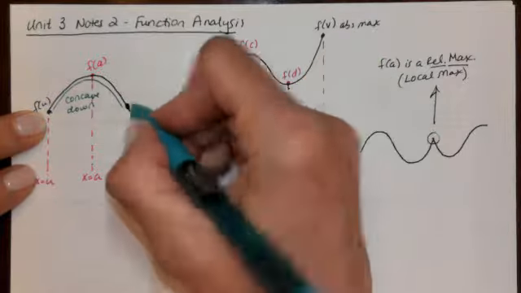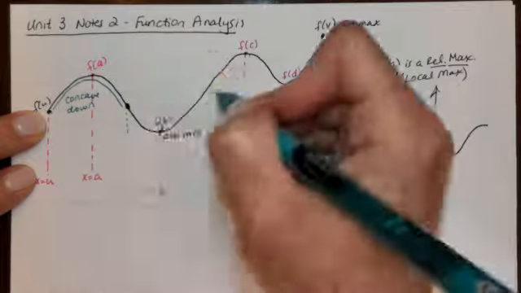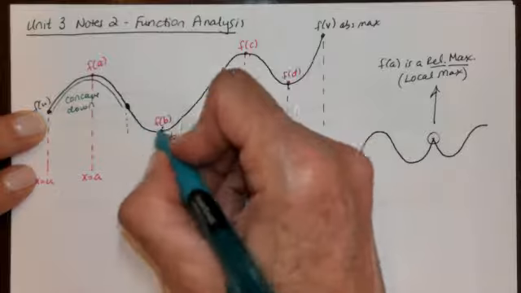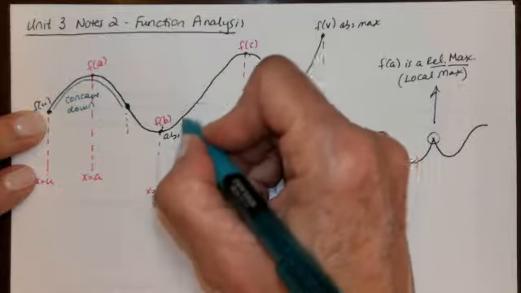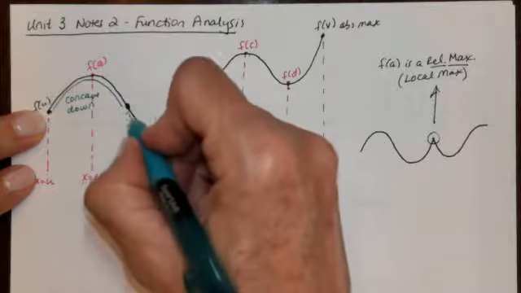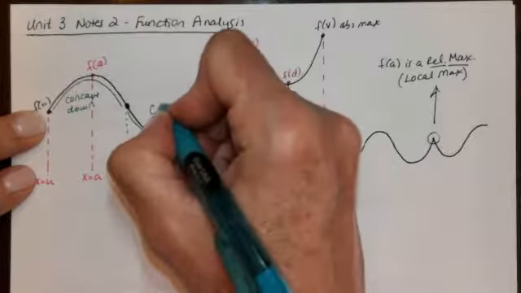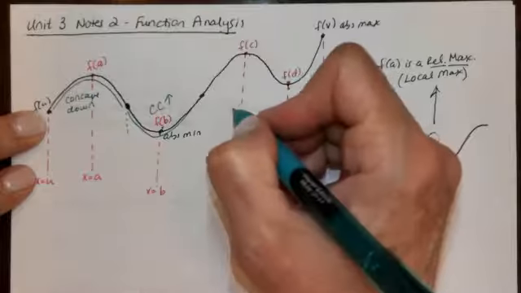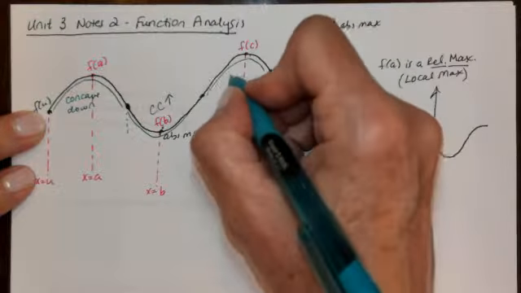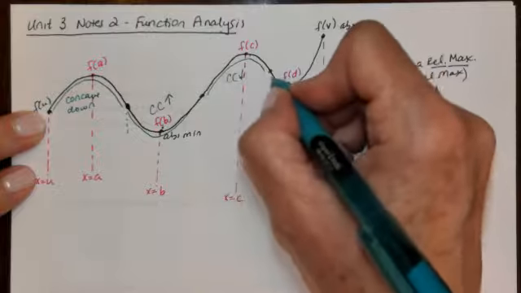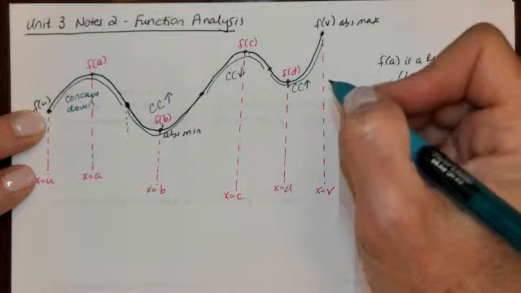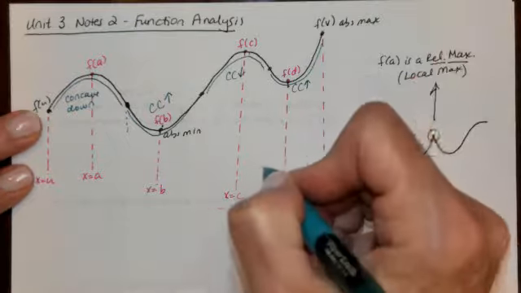And then when we get to around that point, I could label that if I wanted to, whatever that x value is, from here to, and this curve got a little bit funky here, but maybe around there, this stretch of the curve is concave up, okay? And then we have another stretch here that from here to around there that would be concave down again, and then another stretch where it's concave up, all right? So that's visually what concavity looks like.